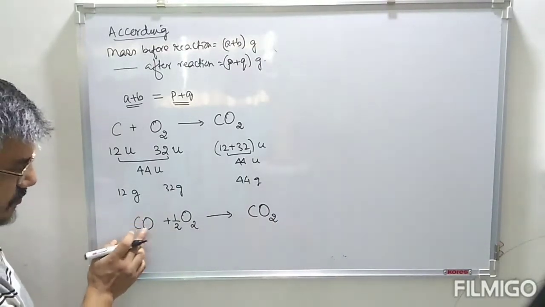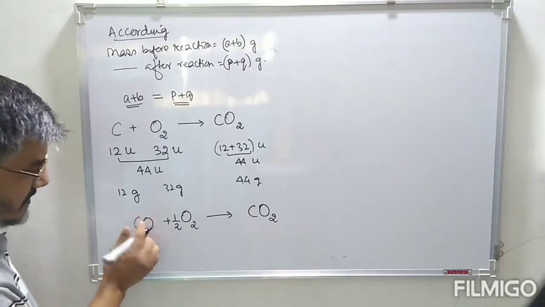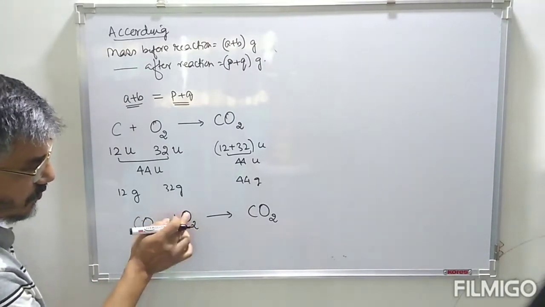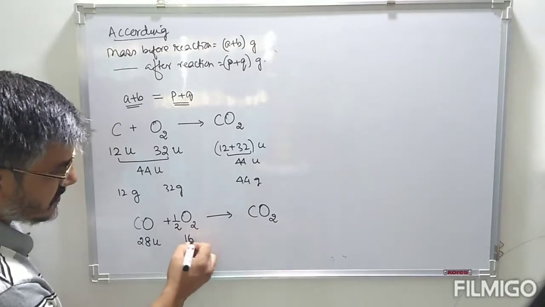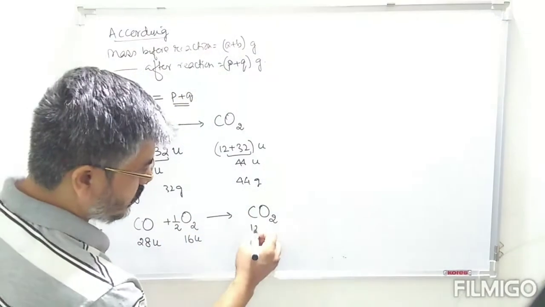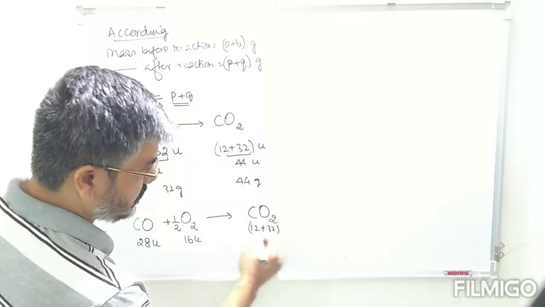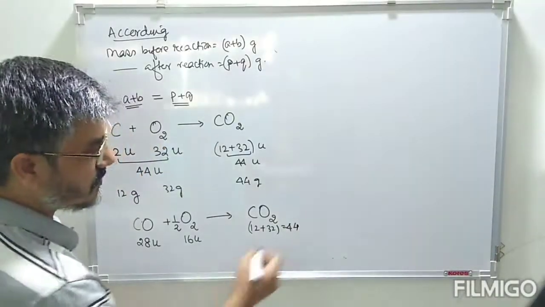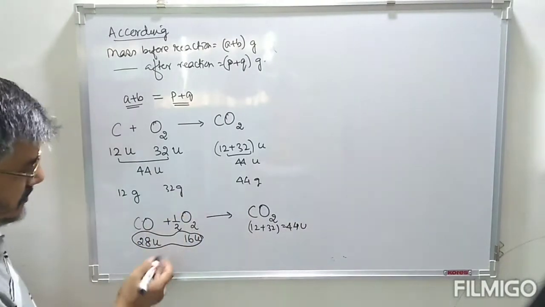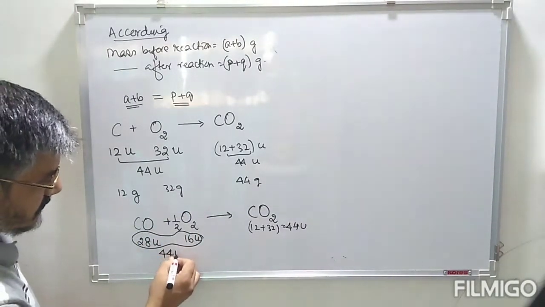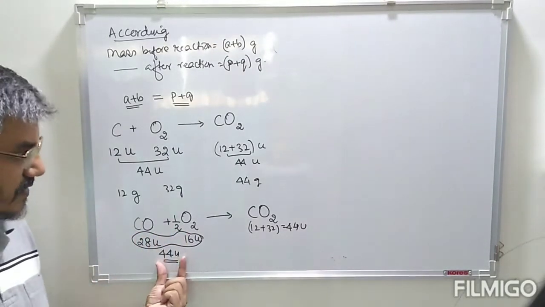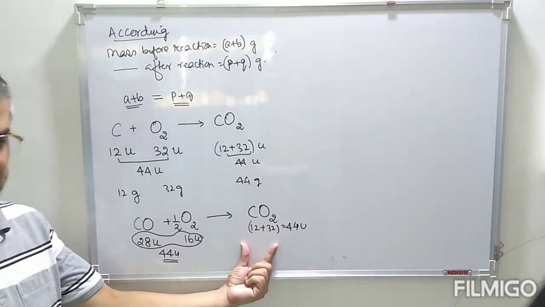Molecular mass of carbon monoxide is carbon 12, oxygen 16, 28 U. Mass of one atom of oxygen is 16 U. We have carbon dioxide, carbon is 12, oxygen 32, so this is 44 U. Mass before reaction is still again 44 U. So again look at this, mass before the reaction and mass after the reaction remains the same.